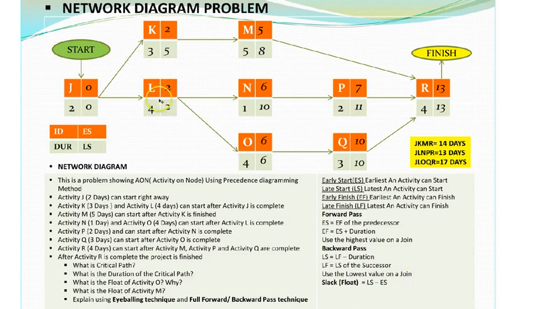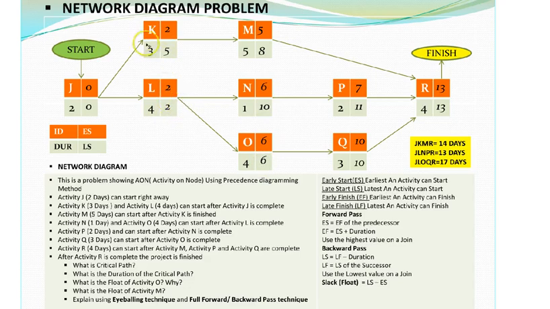The values here are 6 and 10. Which one is the lowest? The lowest is 6. So I'm going to take 6 minus 4 for the duration of L, and it is going to give me a late start of 2. Did you get it?